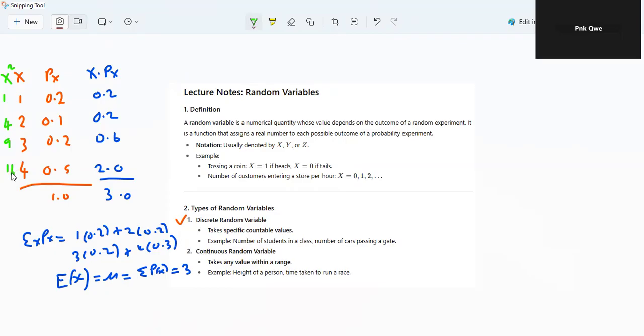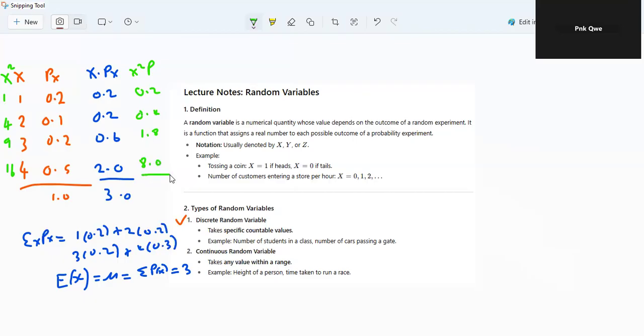Then you multiply by the probabilities, so this will be x squared p(x). 1 times 0.2 gives 0.2. 4 times 0.1 is 0.4. 9 times 0.2 is 1.8. And 16 times 0.5 is what? 8.0.